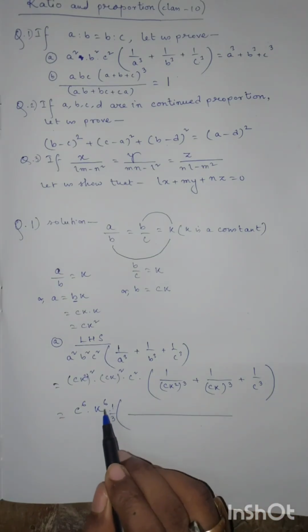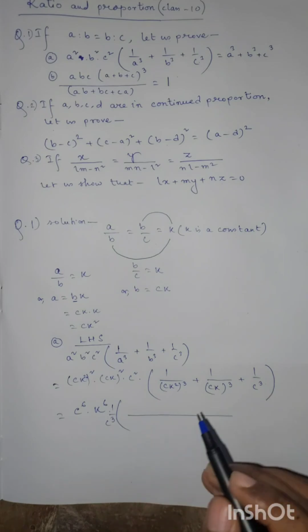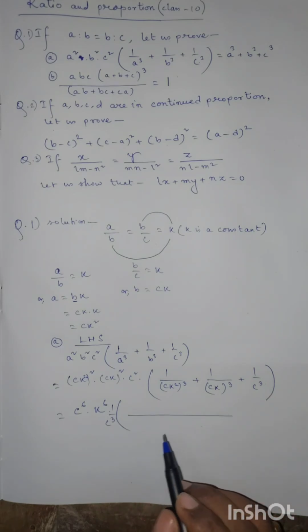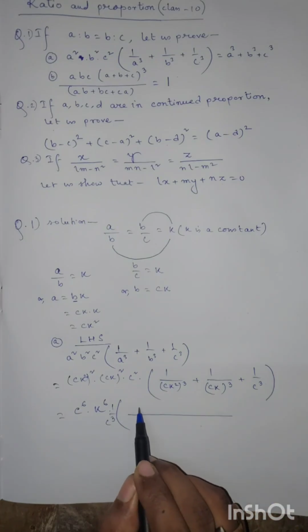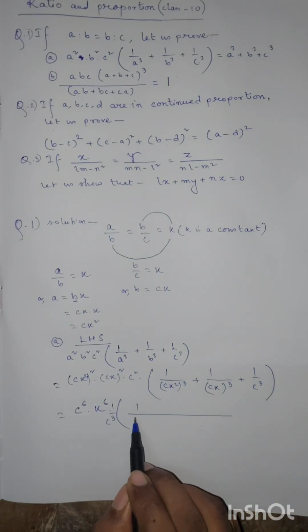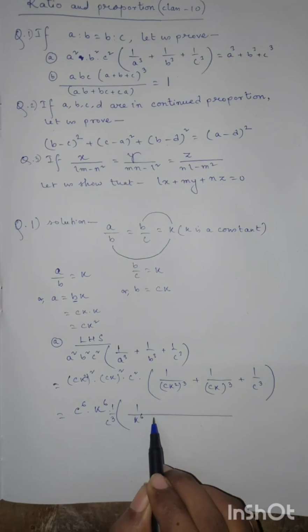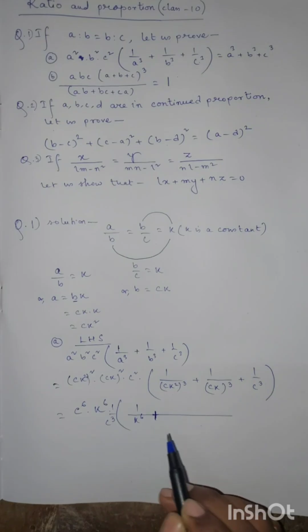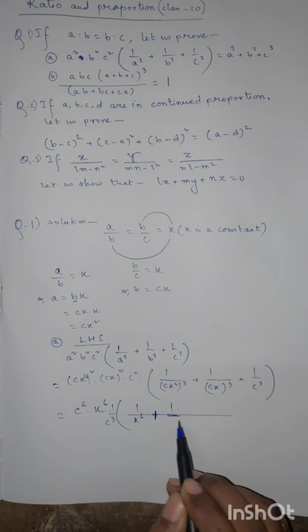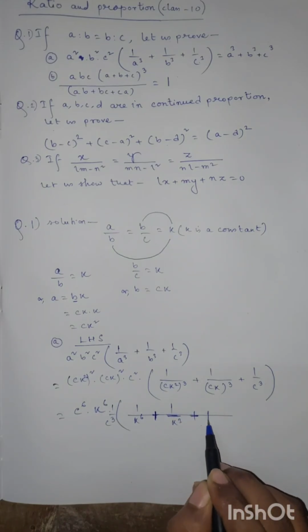So when we take this thing common, we are left with 1 by k to the power 6 plus 1 by k cube plus 1.